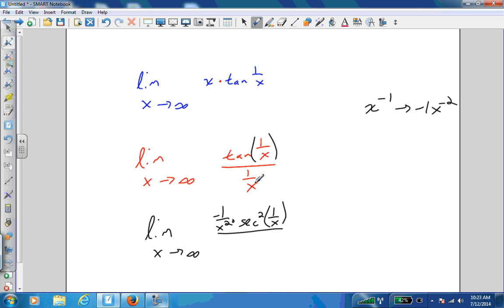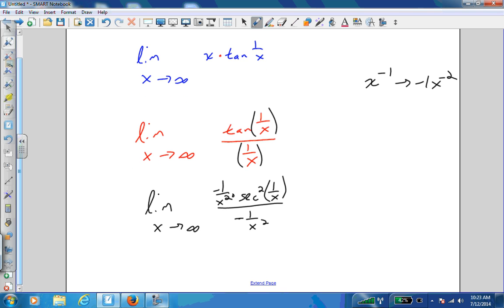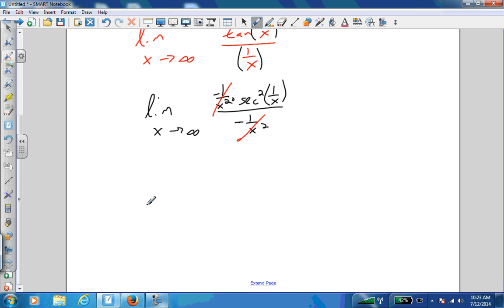When we take the derivative of the denominator, we're taking the derivative of 1 over x, which is also negative 1 over x squared. Notice we have a negative 1 over x squared factor on top and on bottom. So our limit is equivalent to the limit as x goes to infinity of secant squared of 1 over x.